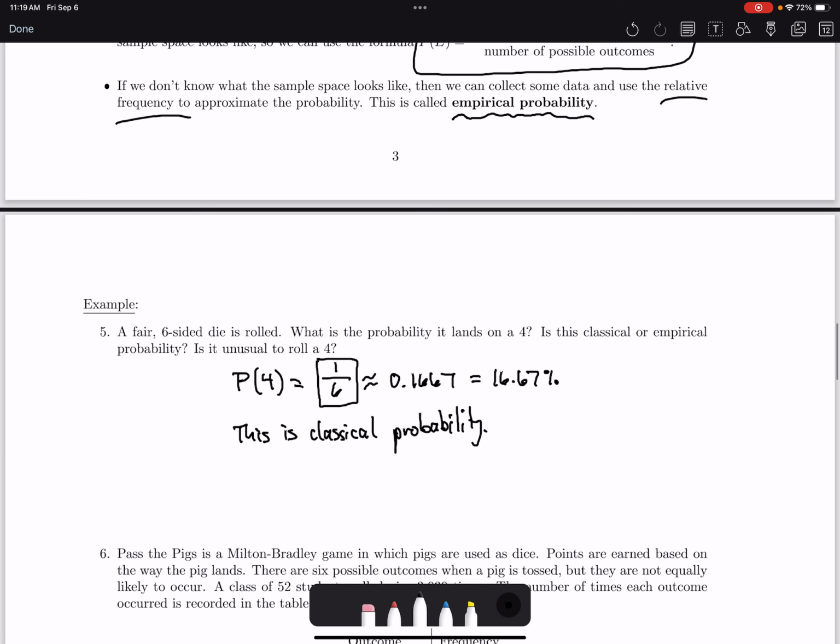That's not the case here, so we say this is not unusual, since the probability of rolling a 4 is approximately 16.67%, which is more than 5%.